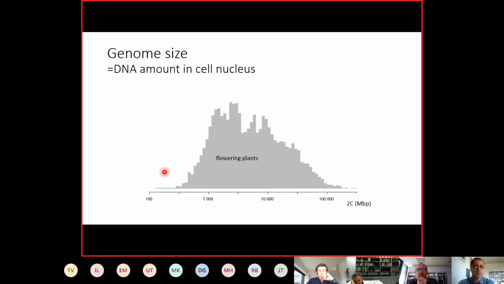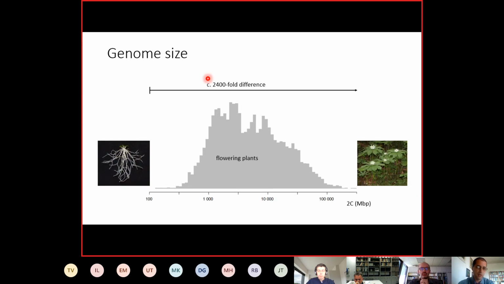The genome size refers to the DNA amount in the cell nucleus. It's quite variable. In flowering plants, the largest genome is about 2,400 times larger than the smallest genome in Genlisea.